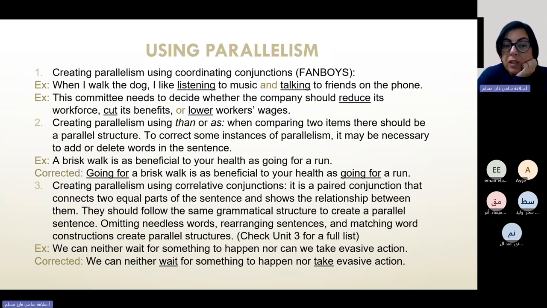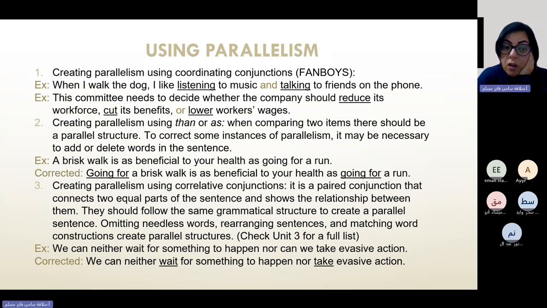Creating parallelism using than or as. When comparing two items, there should be a parallel structure. To correct some instances of faulty parallelism, it may be necessary to add or delete words in the sentence. Yalla, Aisha. A brisk walk is as beneficial to your health as going for a run.